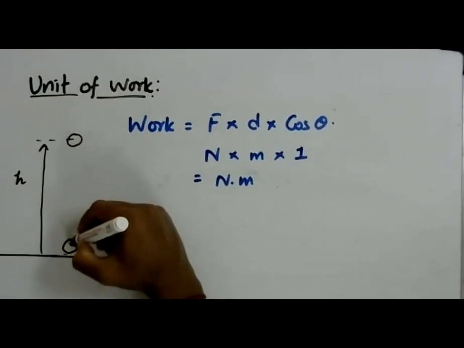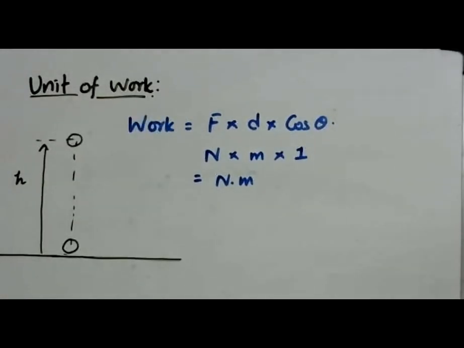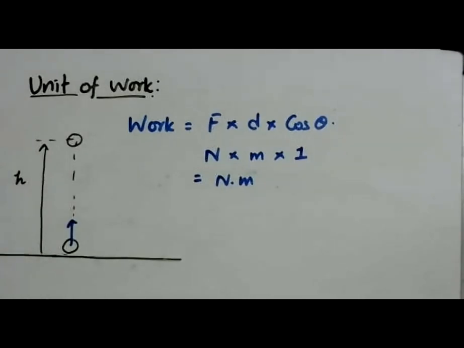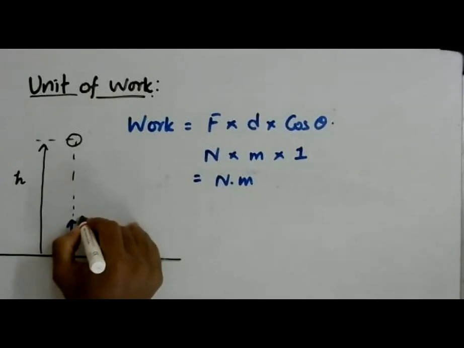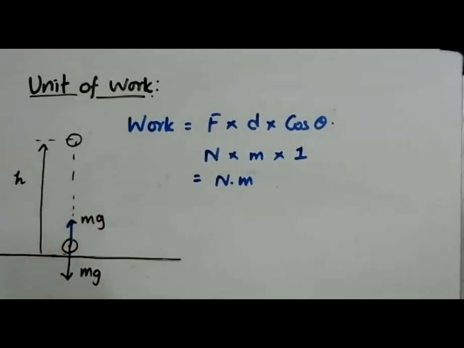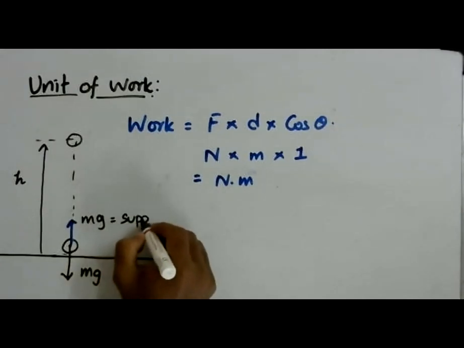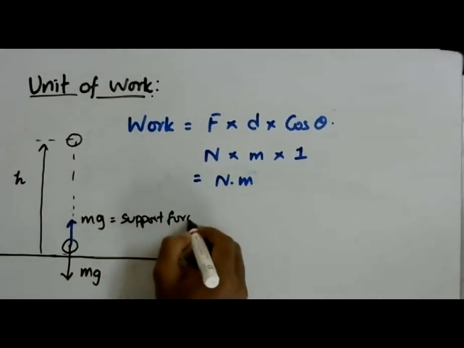And when you lift this object from this position to that position, you have to apply a minimum force which is equal to and opposite in direction to the force of gravity acting on that object. So you have mg in this direction and you have to apply mg in that direction, and this will be equal to your support force.